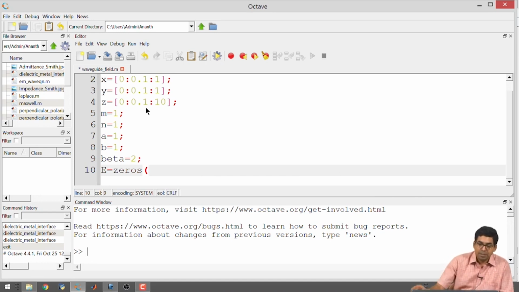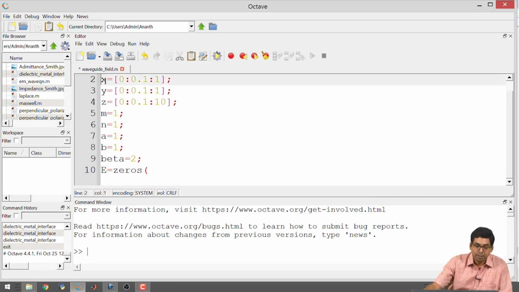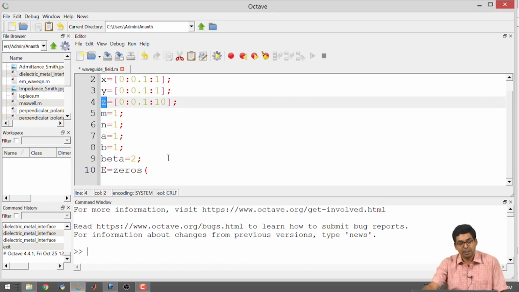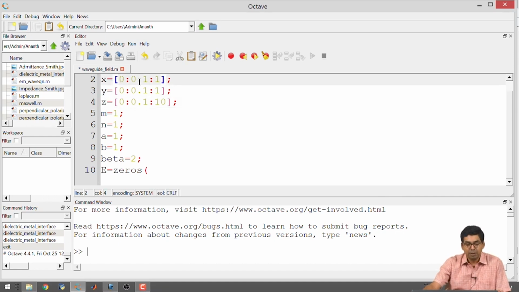So, here I am just going to use these things as my indicator for the dimensions of the matrix. So, I am having x going from 0 to 1 in steps of 0.1, that means I will be having an array whose size is 11, alright. Right, 0 to 1 in steps of 0.1, so that will be 10 plus 1. So, 11 will be the size of that array.